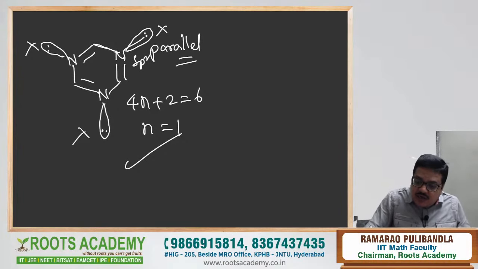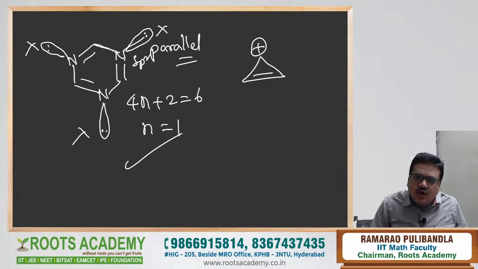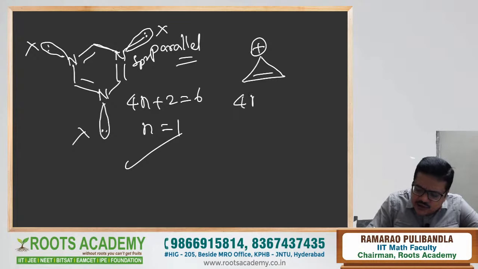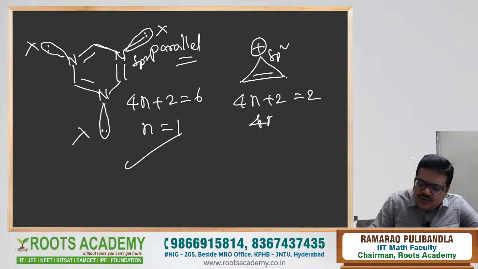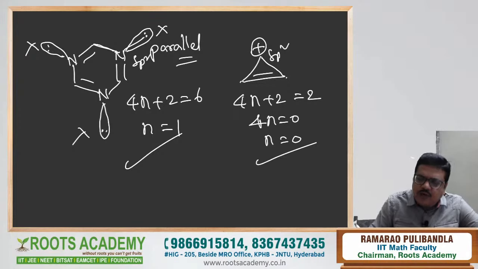Similarly, is the cyclopropenyl carbocation aromatic or not? It is sp2 hybridized, with 2 pi electrons. 4n plus 2 equals 2, n is equal to 0, aromatic.